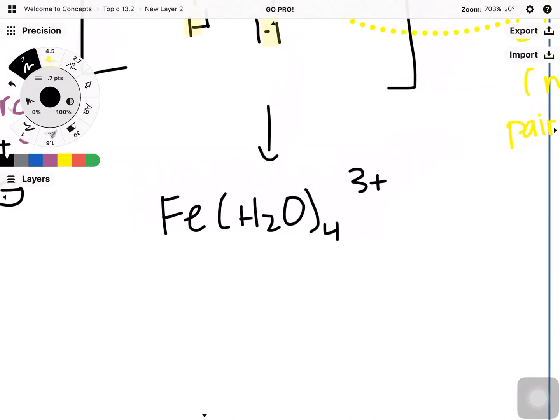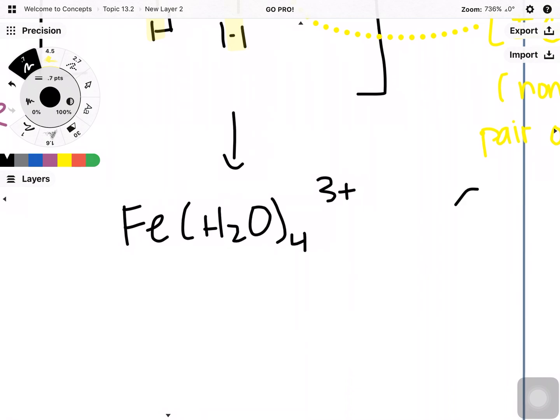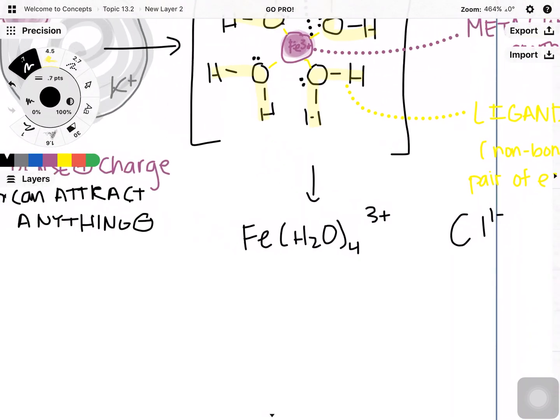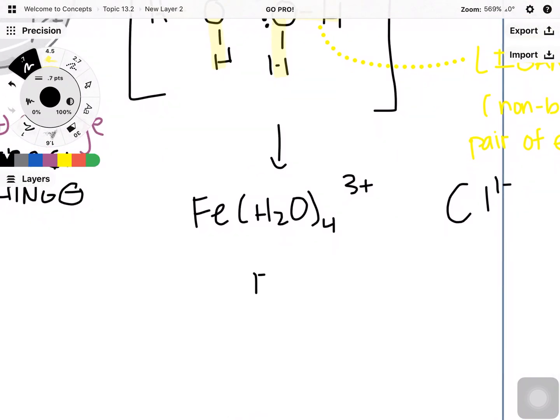So for example, we could take this ion and combine it with the chlorine 1- ion, and we would get an ionic compound. It would look something like this. So again, we need 3 chloride ions to balance out the charge of the iron water complex, and that's how we get this formula of the ionic compound.